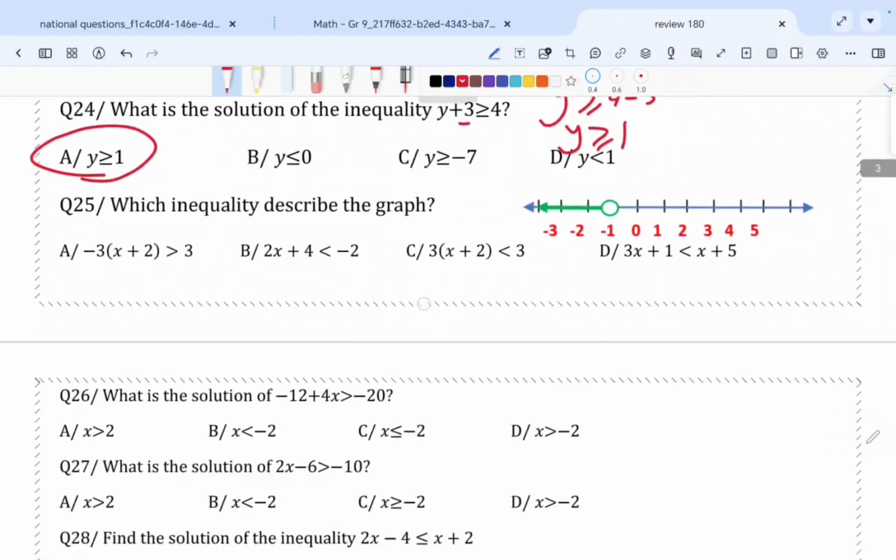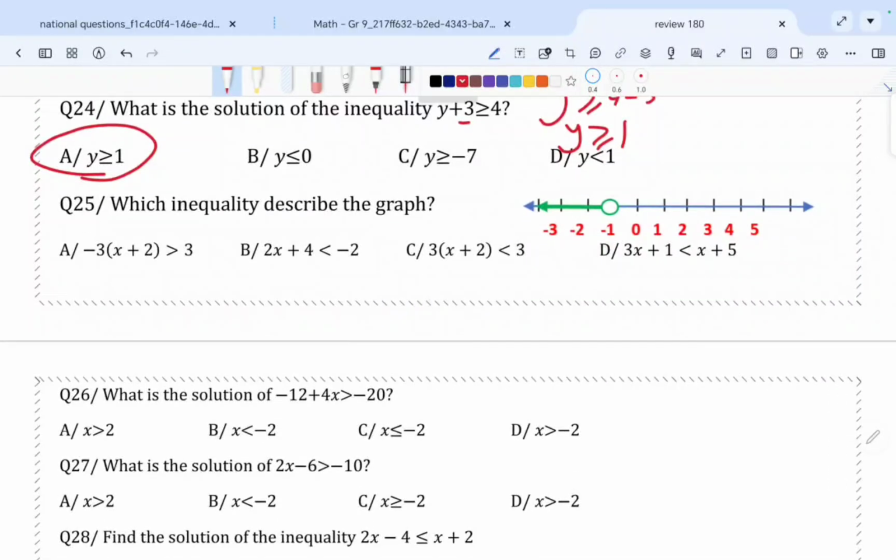Again, A is correct. Now, which inequality describes the graph? This one is not filled, so there is no equal sign with the inequality sign. Let's see. C is the correct one. 3 times x, 3x plus 3 times 2, 6, is less than 3. Move 6 to the other side: 3x is less than 3 minus 6, negative 3.